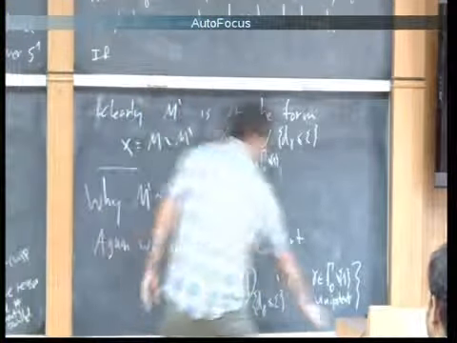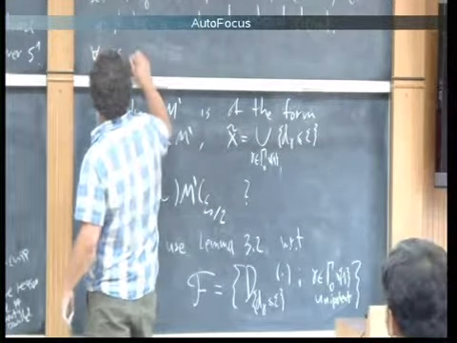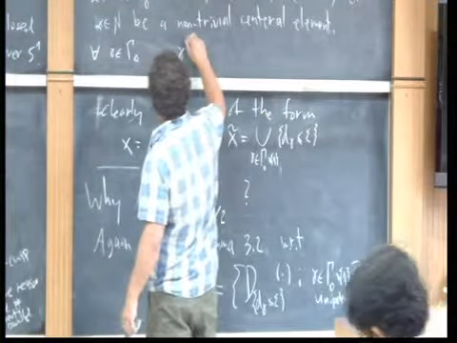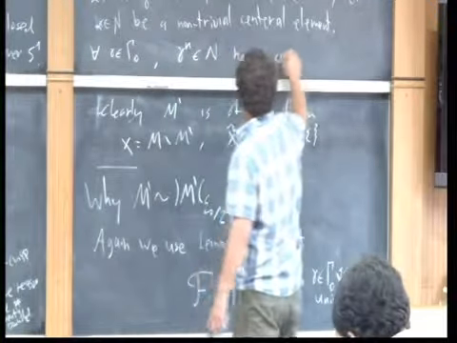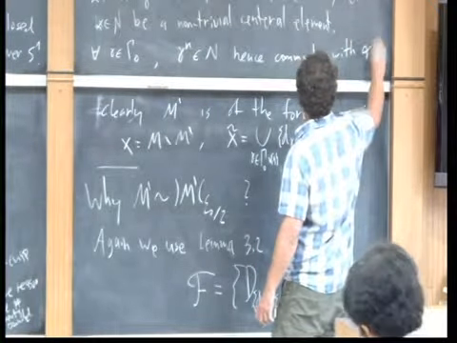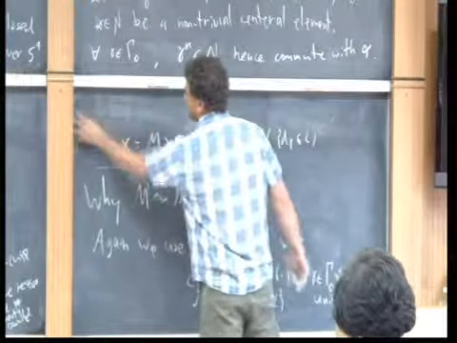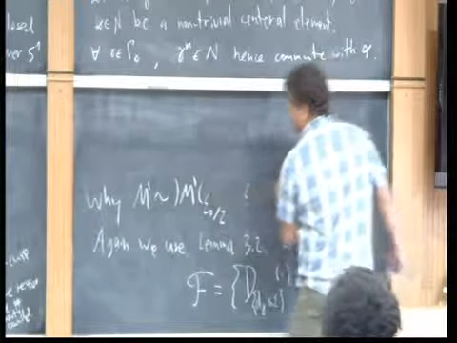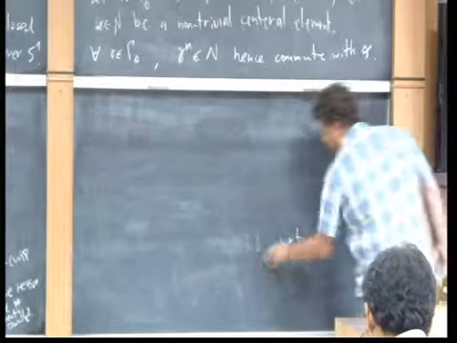Now, for any gamma in this gamma naught, gamma to some power belongs to n. Hence it commutes with alpha. Now, the property in rank 1: suppose I'm not considering elliptic isometries, just hyperbolic and unipotent.